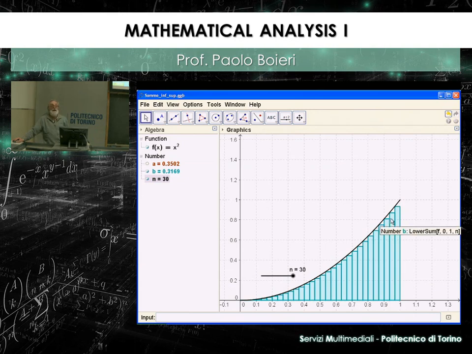The starting idea is take the interval, divide the interval, construct this function that approximates my given function from below, okay, and then do what? Take the number of subdivisions greater and greater, and then we know that this means take the limit when the number of subdivisions tends to infinity. Okay, that's the idea. Is that clear?